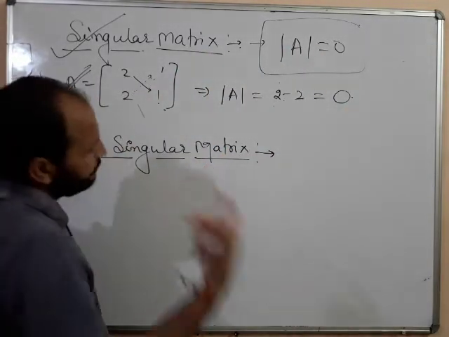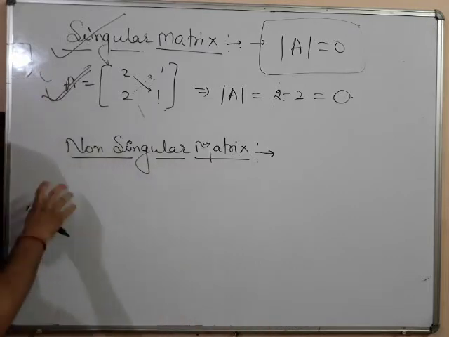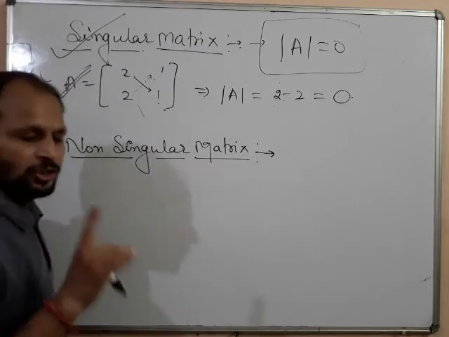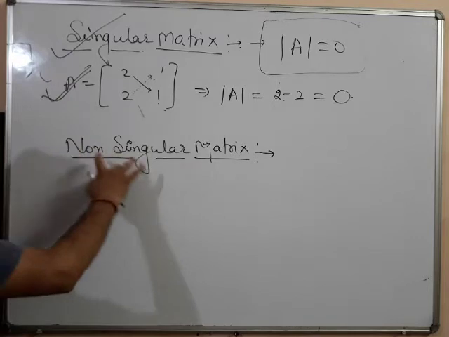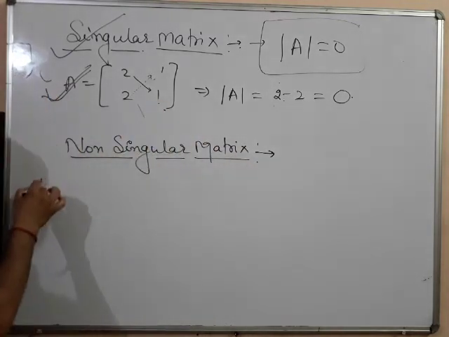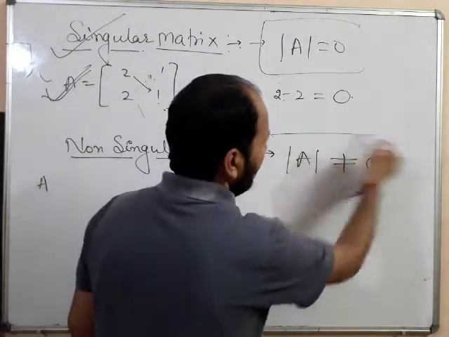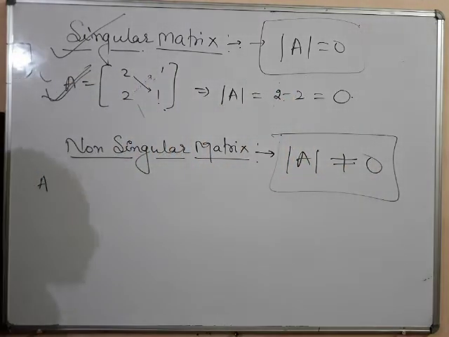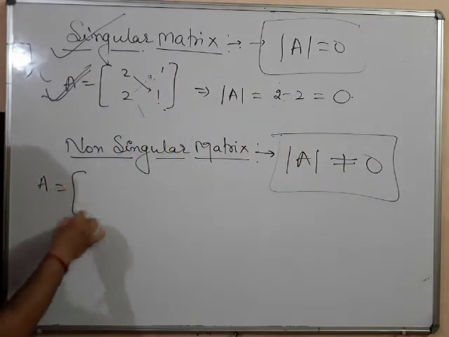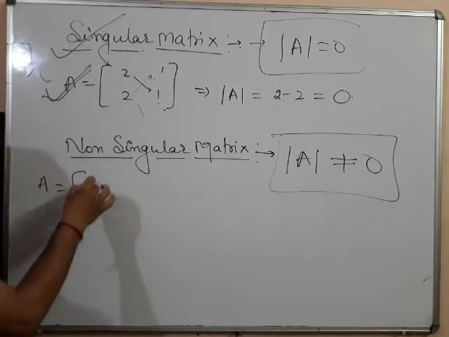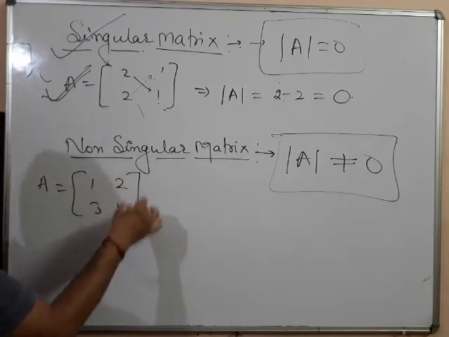Non-singular matrix: a matrix whose determinant is not 0 is called a non-singular matrix. Like A is any square matrix, like 1, 2, 3, 4.